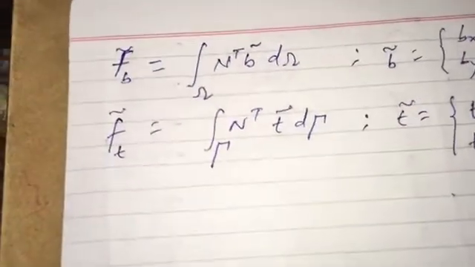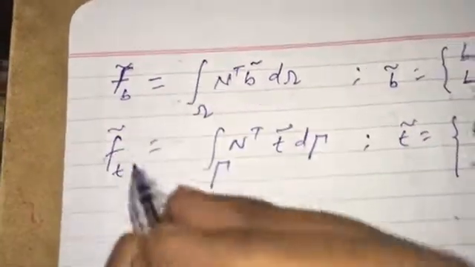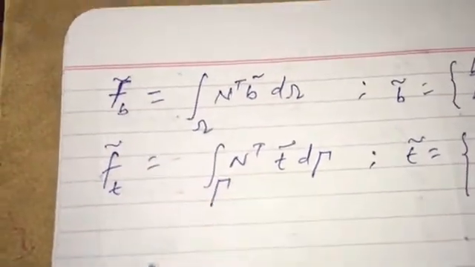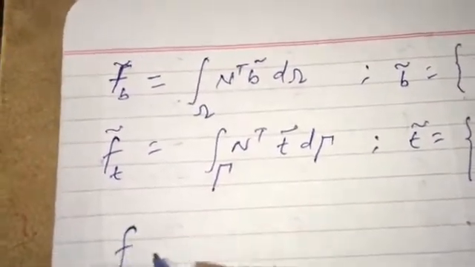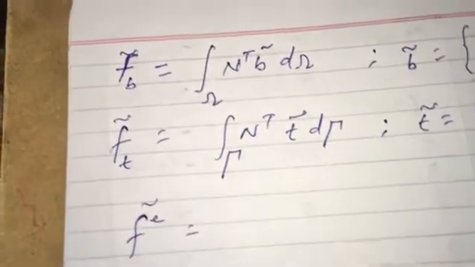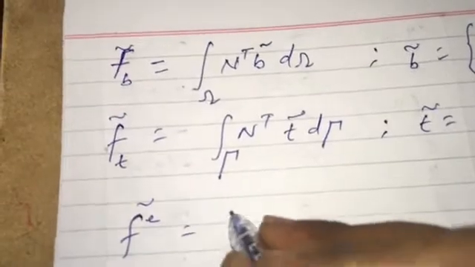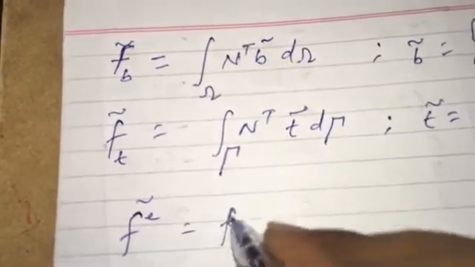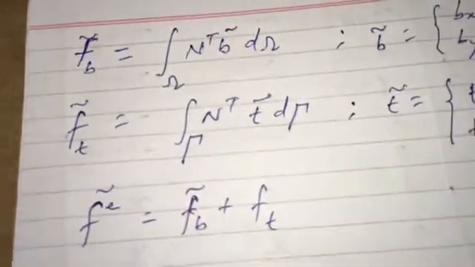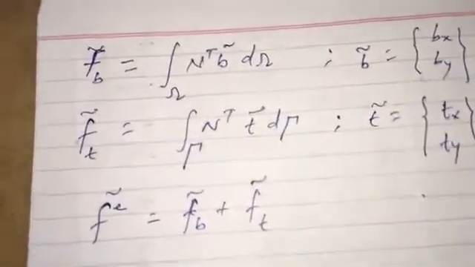So, this way we find out the element force vectors. So, we add them together. So, the element force vector F E becomes F B plus F T, like this one.